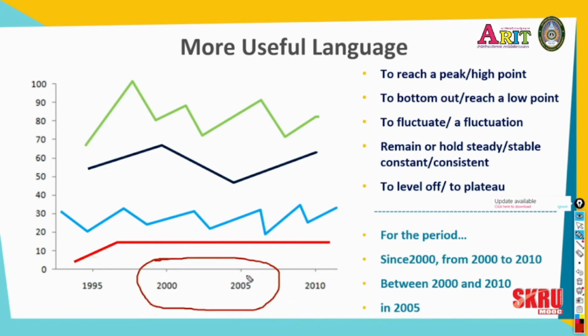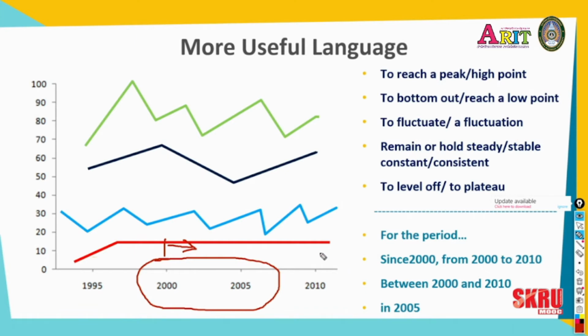So we can use terms for the period, the time we're talking about. Between 2000 and 2005, the black line decreased slightly for the period. Since 2000, that would mean anything from 2000 onward. So since 2000, something has happened.